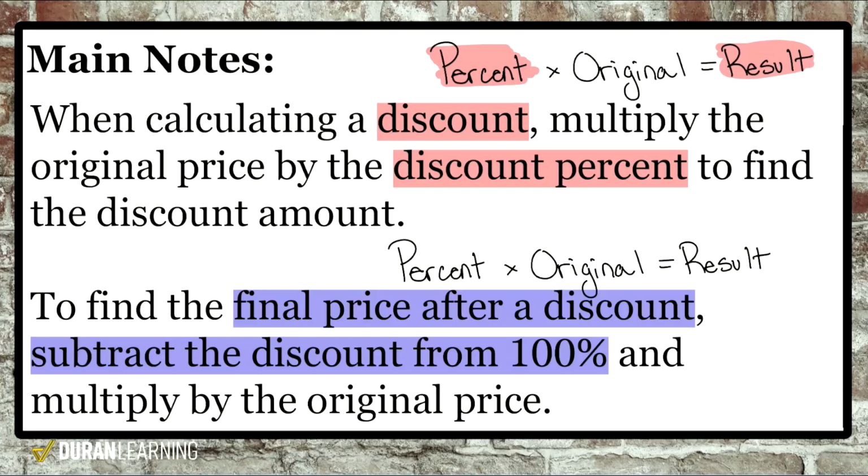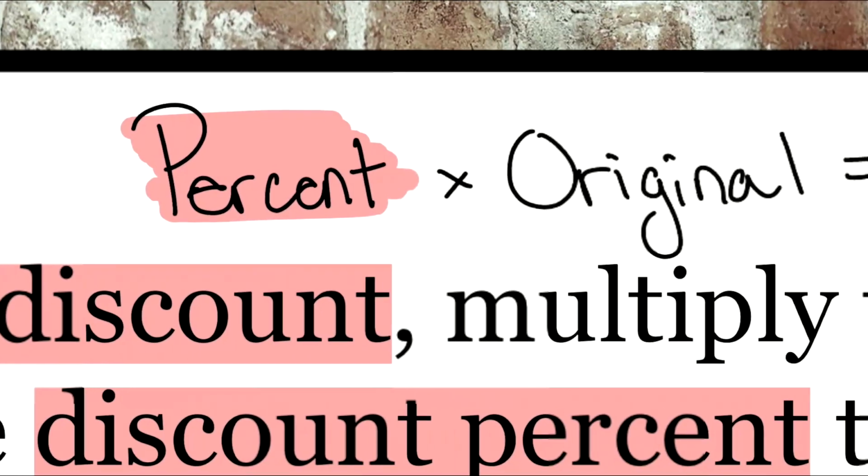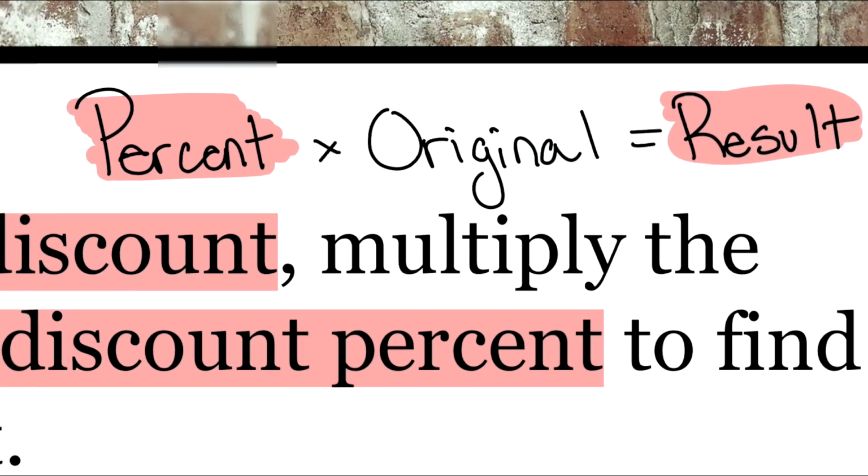So my party people, let's say we have a 20% discount. Let's just look up here first. If you are putting that into your formula, this is what you really want to focus on.